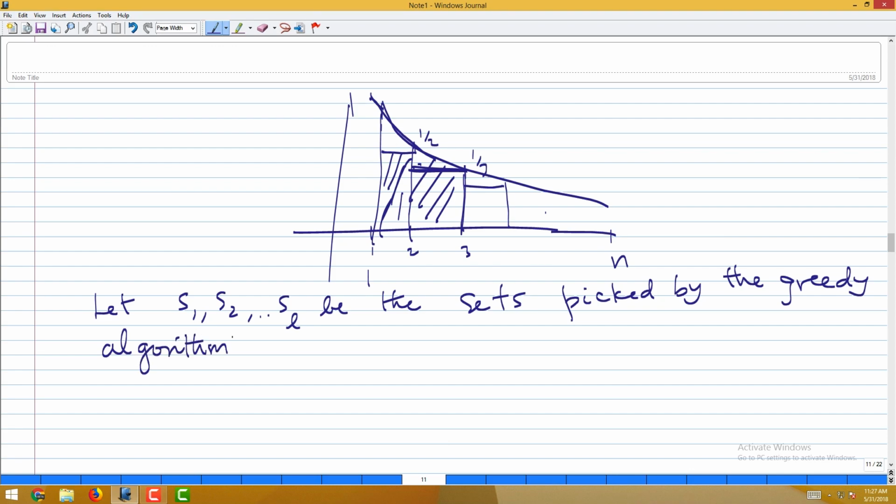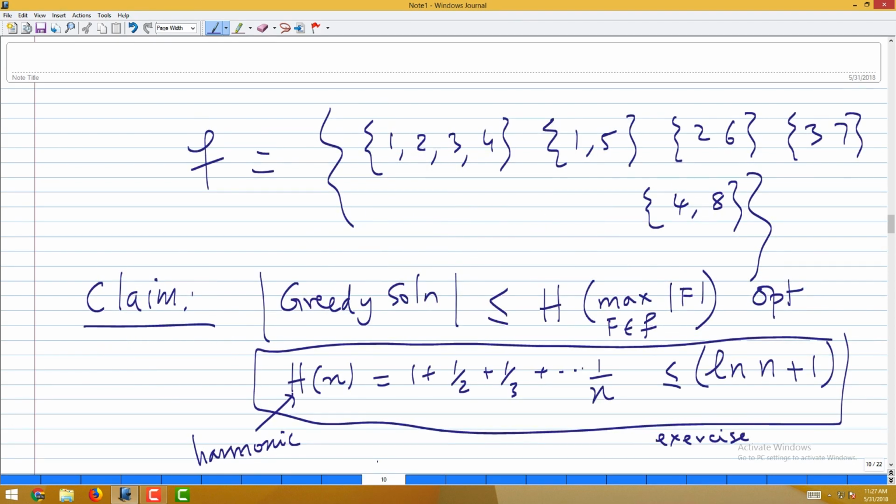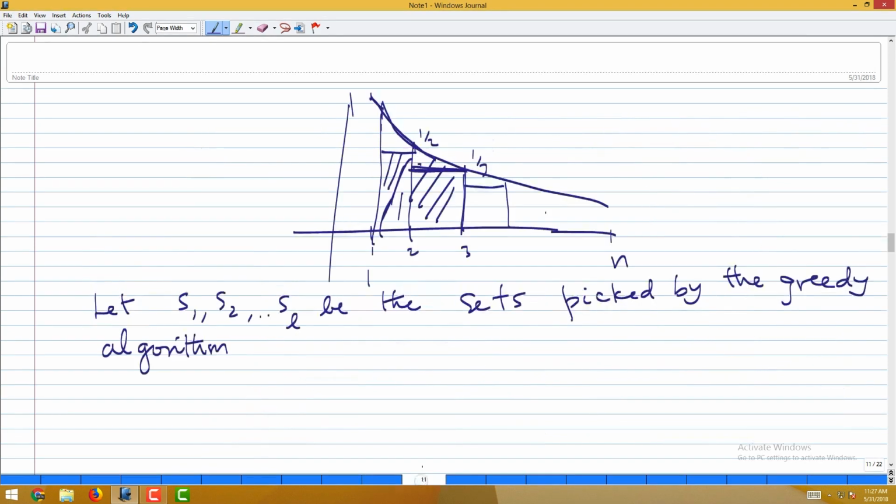The greedy algorithm picked some L sets, and I want to show that this L is upper bounded by this. The number of sets I have produced is upper bounded by this. Where does log and harmonic come in? I do not think, if you experience it, you might get some intuition out of it, but otherwise at this point it will be some calculations basically.